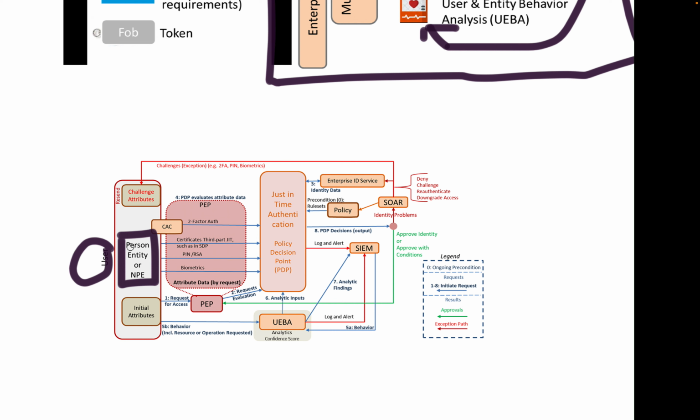They could be a service account or a non-person entity or a person, and they could use certificates, or they have to actually, other forms of multi-factor. So you see right here in the policy enforcement point, it's the combination, the initial combination that requires the initial authentication to get in.